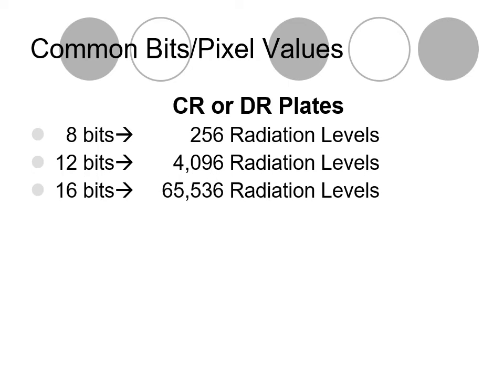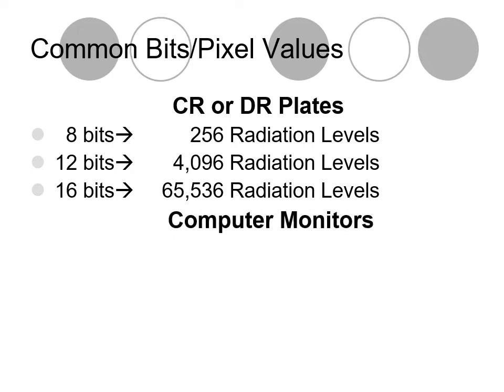Recently, I've seen plates specify 16 bits per pixel, which ups the game to 65,536 shades of gray. Frankly, I can't visualize the difference between a 16-bit and a 12-bit image on a standard computer monitor. Whether or not a young and experienced radiologist could see the difference on a diagnostic monitor is a totally different story.